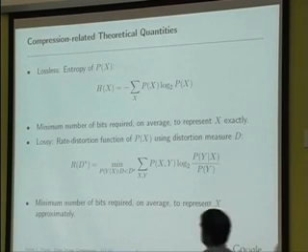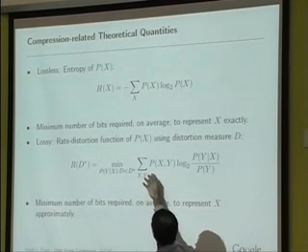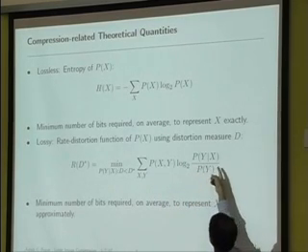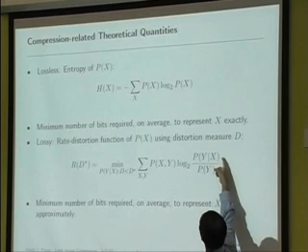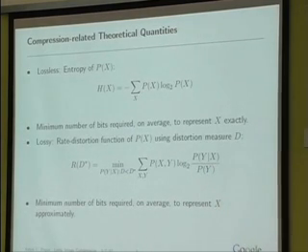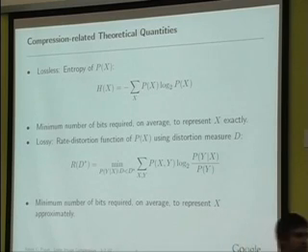And over all of those hypothetical test channels, I take the minimum of the mutual information. You may recognize this mutual information more easily if you multiply top and bottom by P of X. So the mutual information between the input and the output of this hypothetical test channel, over all possible test channels that achieve the specified distortion, is the definition of the rate distortion function.